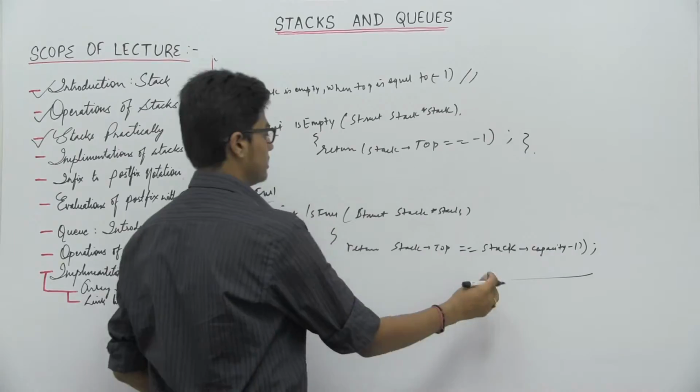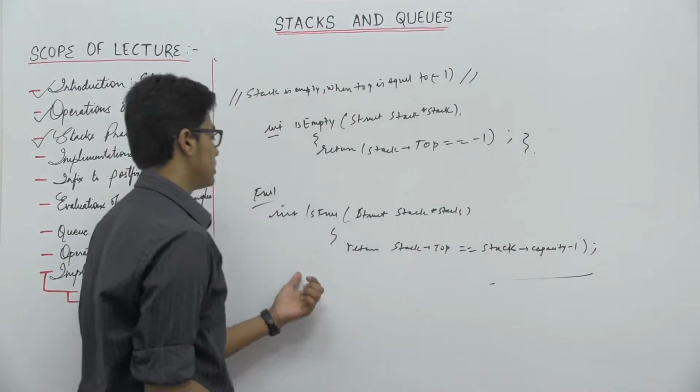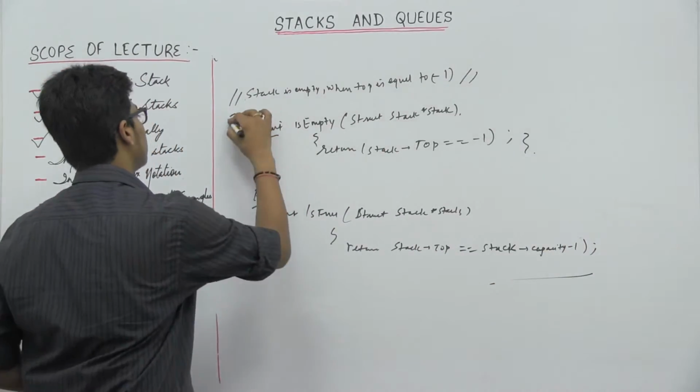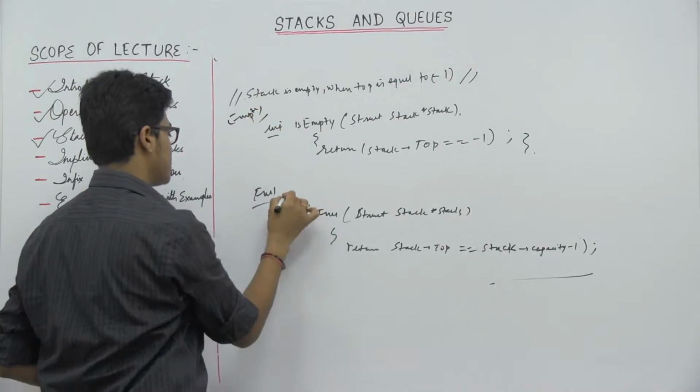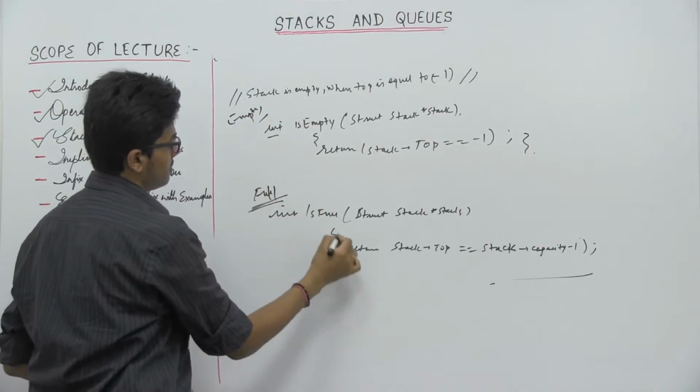So you already defined this for the full statement. This is for the empty. If a stack is empty, if a stack is full, then these are the two parameters which are used.